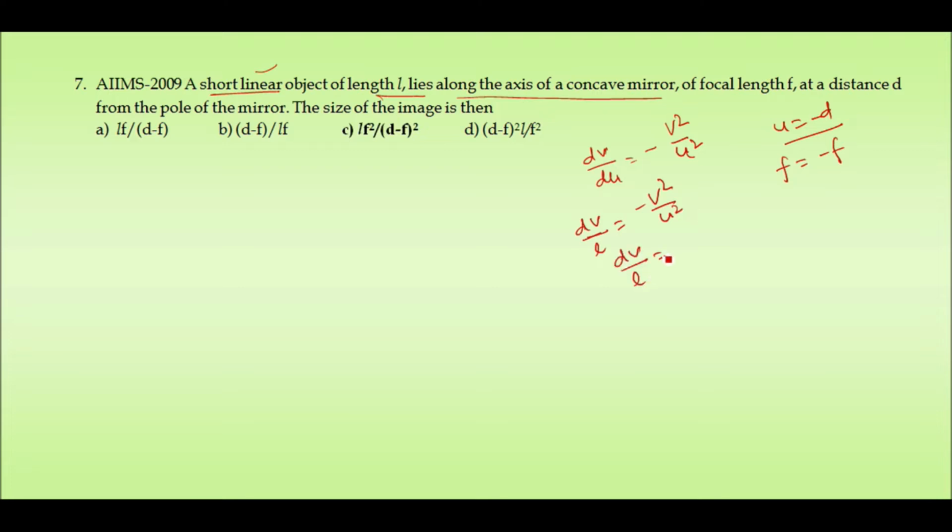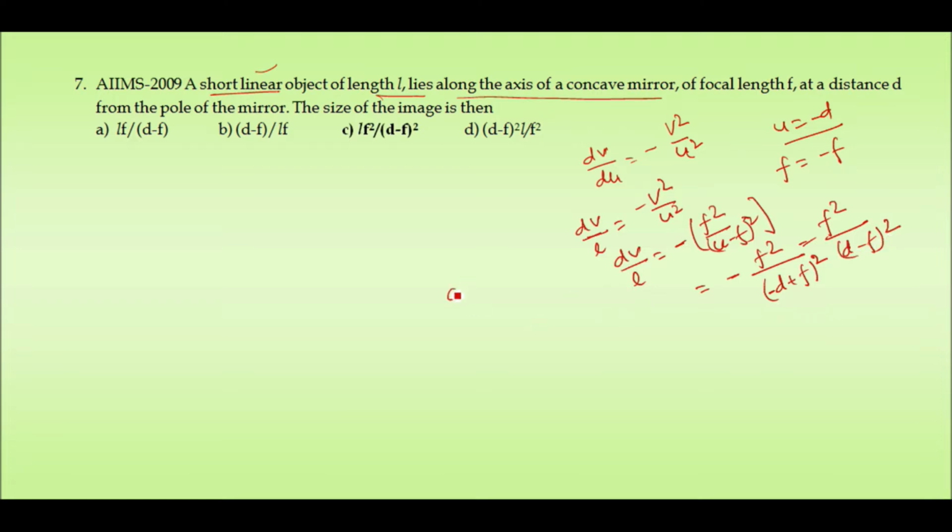So from there we get dv by L is equal to minus. Now if we change this formula in terms of u and f, it's f square divided by u minus f whole square. Since u is equal to minus d, we get minus d plus f whole square, so we get f square divided by d minus f whole square.